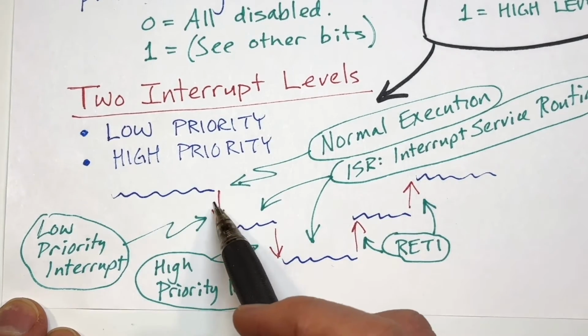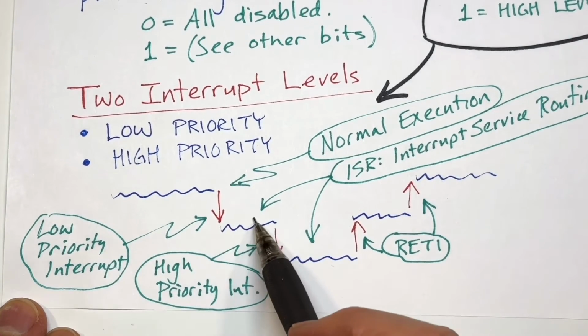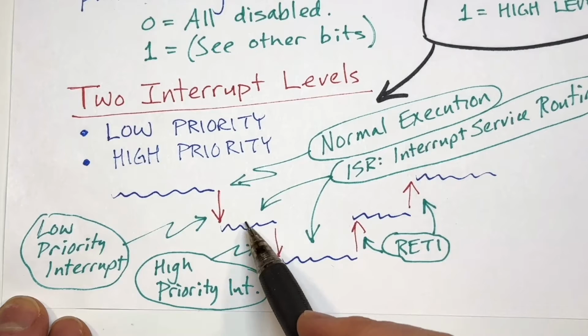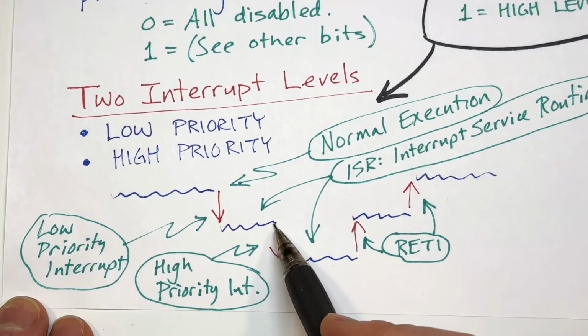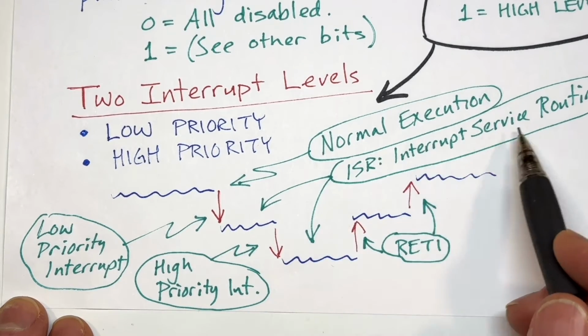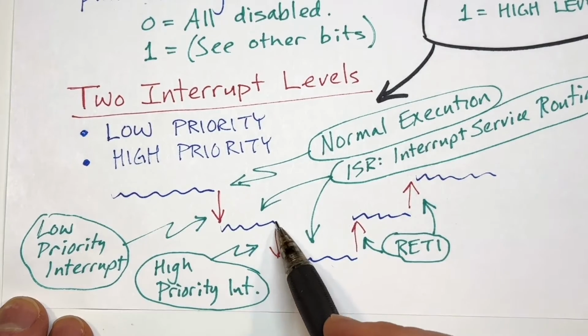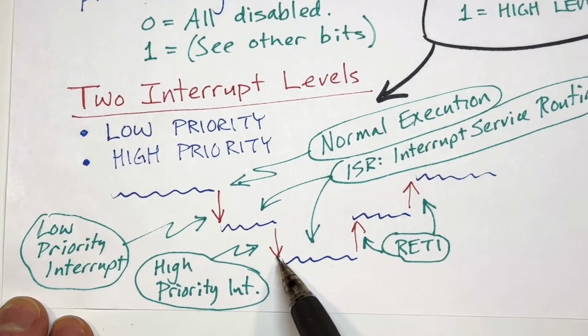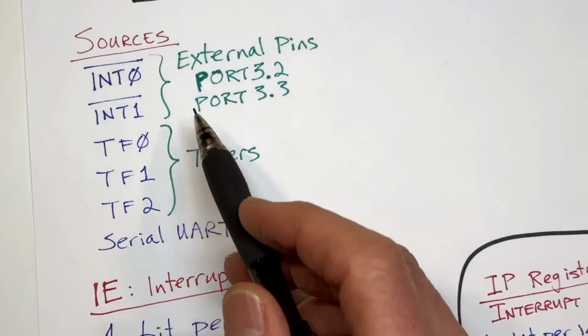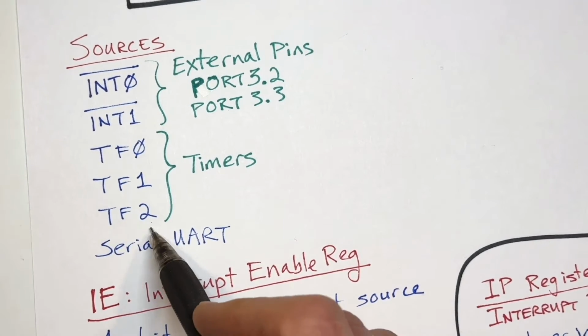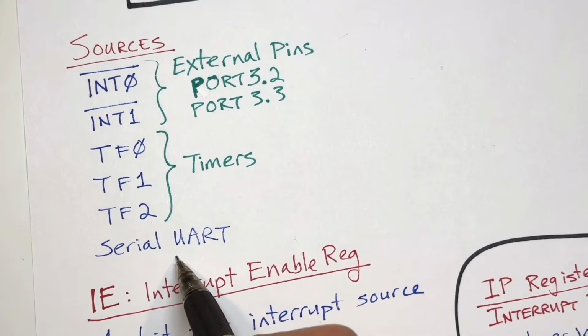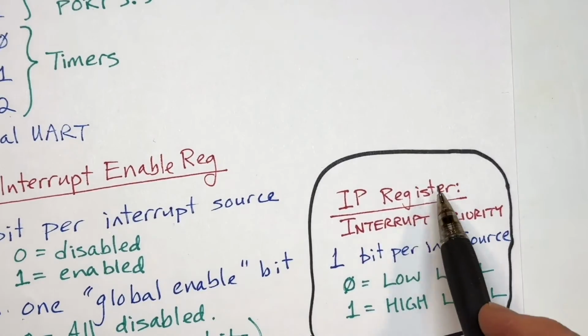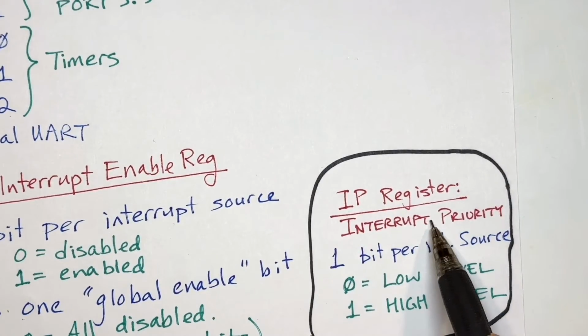Now, if it's a low priority interrupt, that's what happens. But then let's imagine that while we're executing the interrupt service routine, we get a second interrupt, and this comes from a high priority interrupt source. Every interrupt source will either be low priority or high priority, and it will be assigned a priority when you set this IP register.